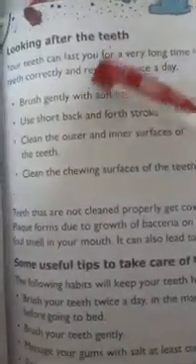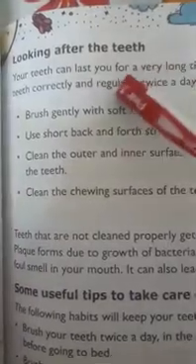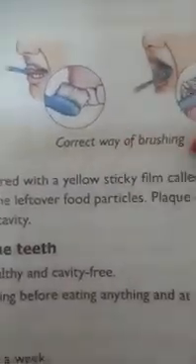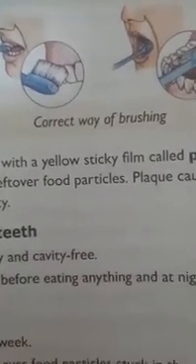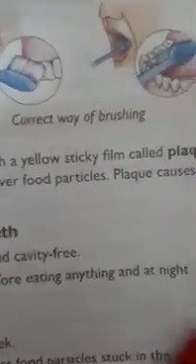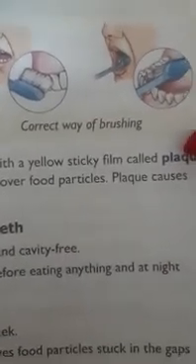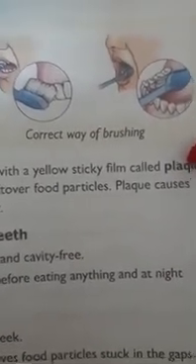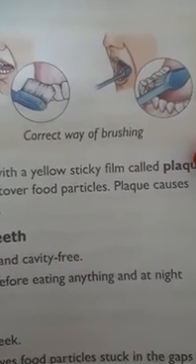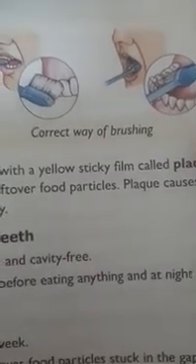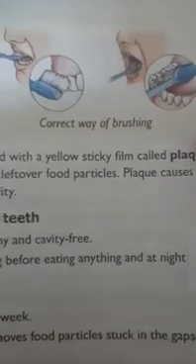To prevent these cavities, we have to take care of our teeth. Let's see how to look after them. Your teeth can last you for a very long time if you look after them well.